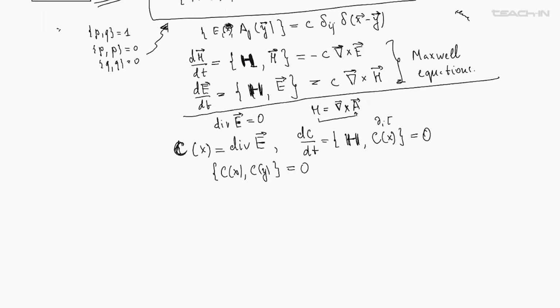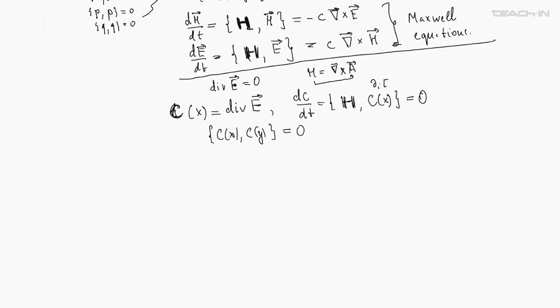The gauge transformations have the following form: A_i goes to A_i plus d_i chi, where chi is an arbitrary function of space and time variables, and A_0, the scalar potential phi, transforms as A_0 minus 1/c chi dot.